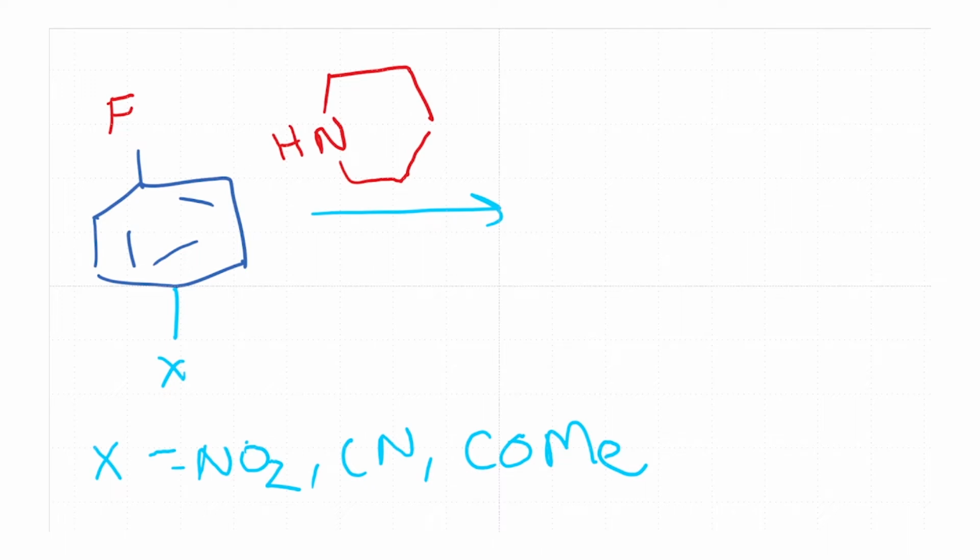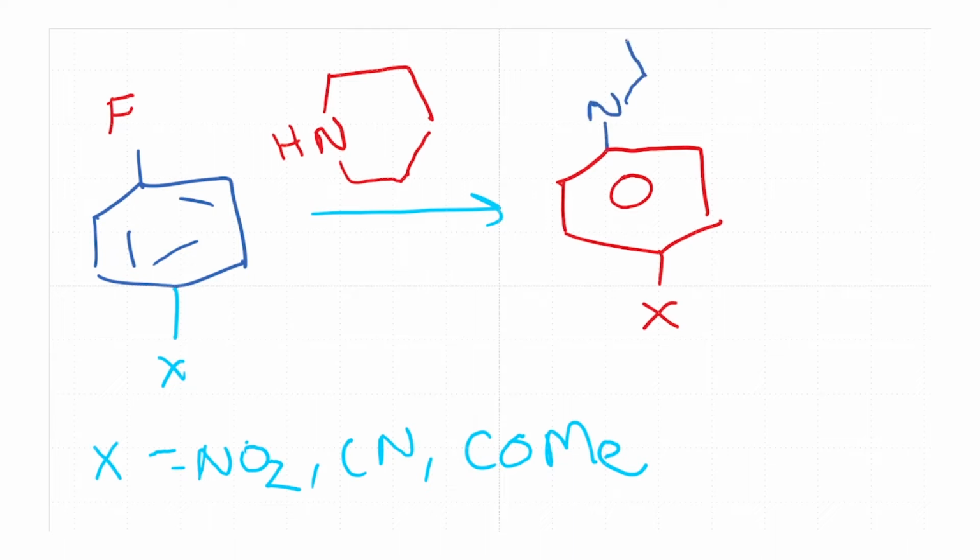So what happens here is the benzene ring continues to be here, and the product, of course, is H+ F-. So this is the product that is formed.